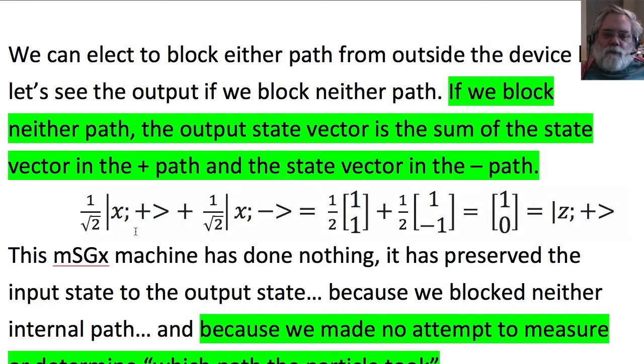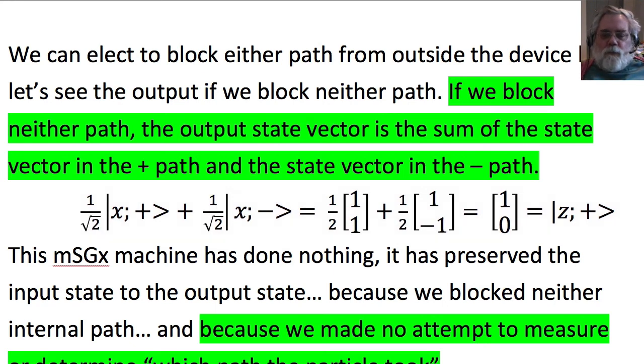1 over square root of 2 x plus 1 over square root of 2 x minus. Well, we know from before that that's 1 over 2 column vector 1, 1 plus 1 over 2 column vector 1, minus 1. And if we add those together, we get column vector 1, 0, which we know is the Z plus state.